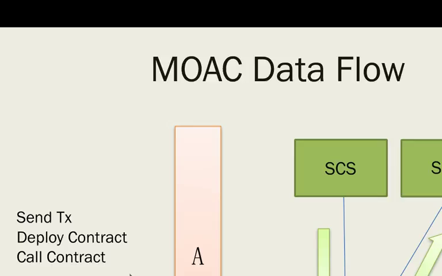A sidechain basically allows all the nodes inside the sidechain to talk with each other and connect to the main chain through probably a centralized node or several nodes. But the major difference is that the nodes inside the sidechain directly talk with each other and know each other. So let's say if there's an attack on one of the sidechain nodes, it can attack the whole sidechain and break it down.